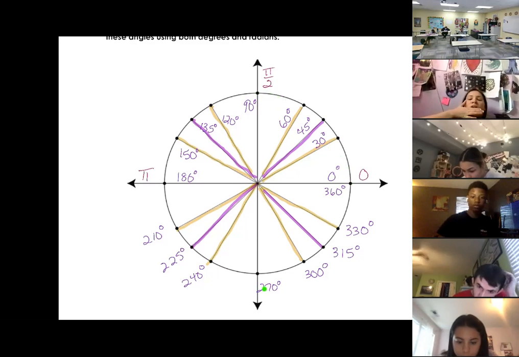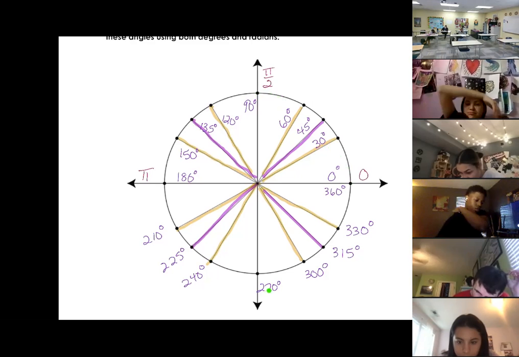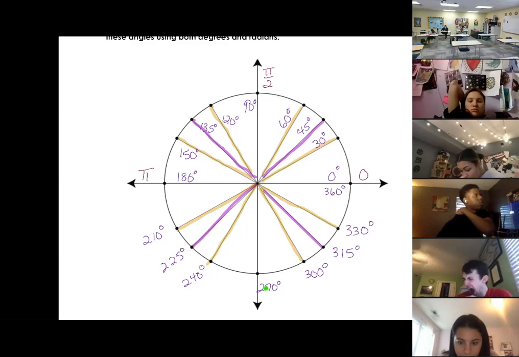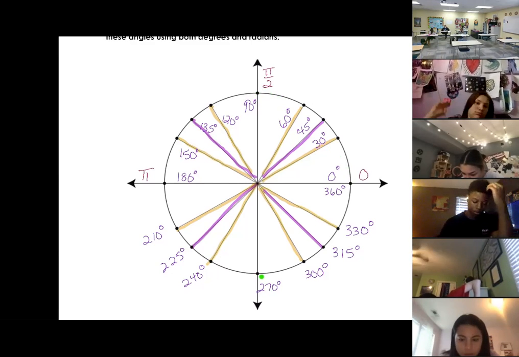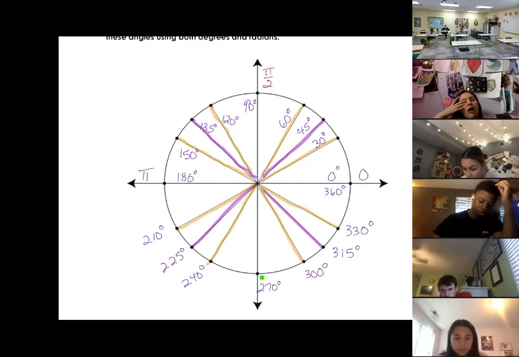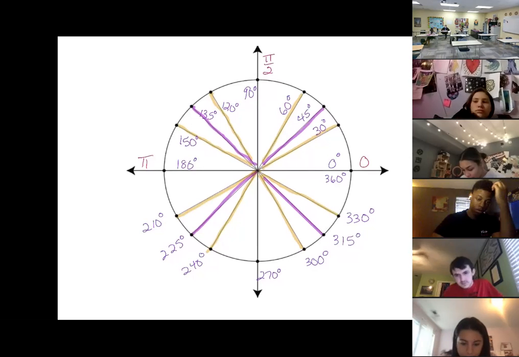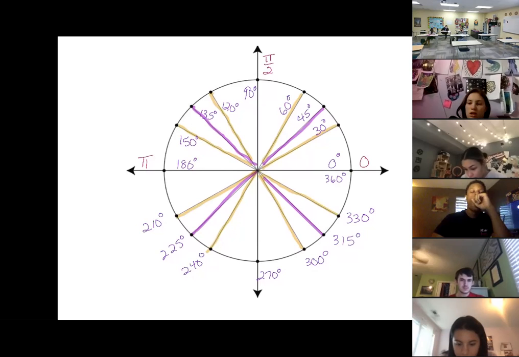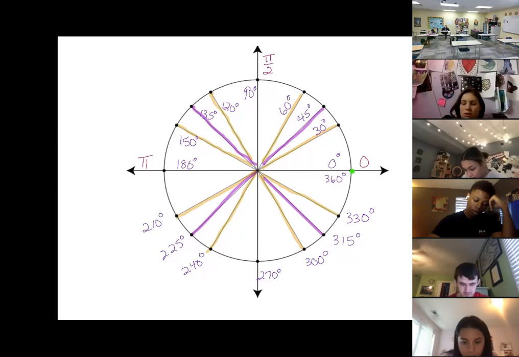Down here would be what, London? Wouldn't it be negative pi over 2? I'm not sure. Well, we could do it as a negative, but right now I want to do everything as a positive angle. So if we think about how every right angle, every 90 degrees is a 1/2 pi.